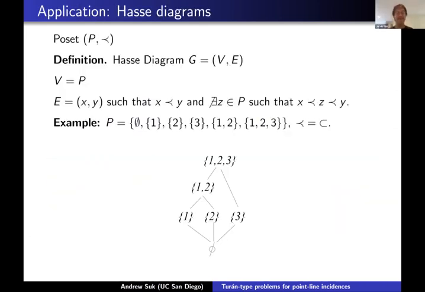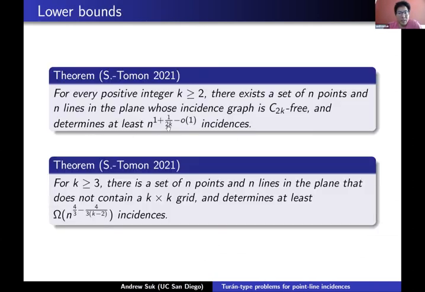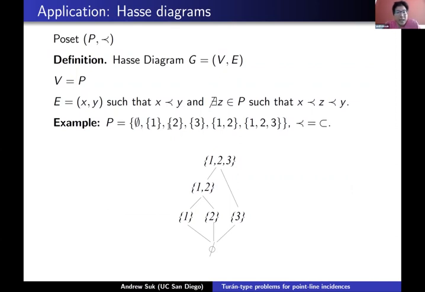Okay, so now I'm going to talk about an application of these constructions to what are called Hasse diagrams. So given some poset P, the Hasse diagram of that poset is a graph G where your vertices are the elements in the poset, and then the edges are pairs of elements that are comparable, but there's no other element z that's in the middle here.